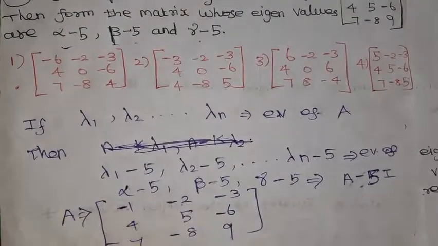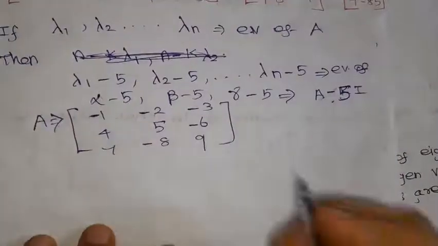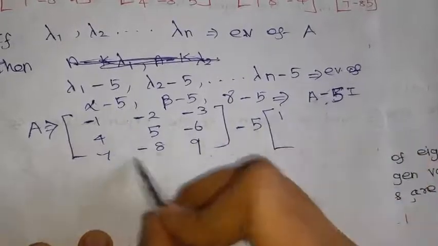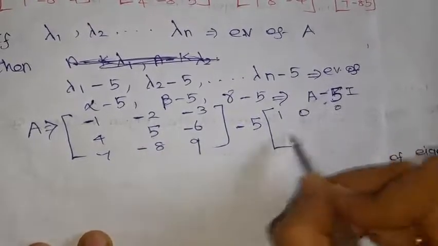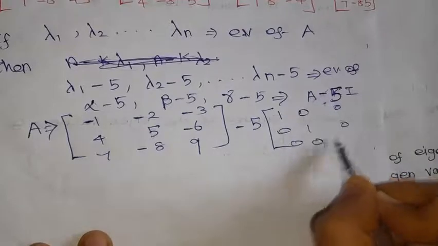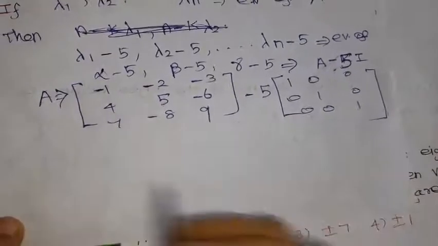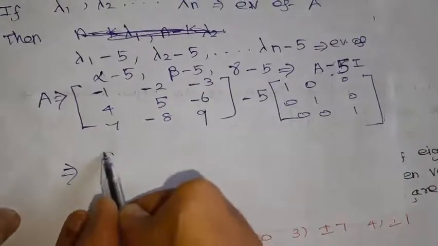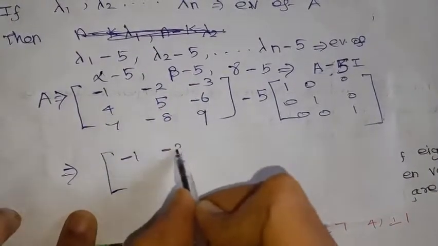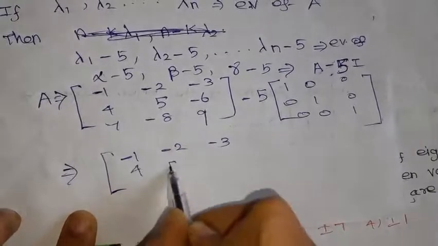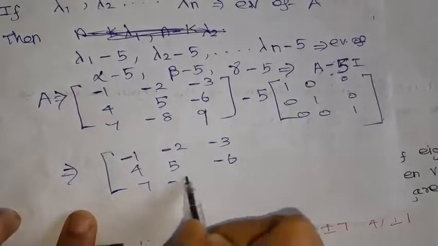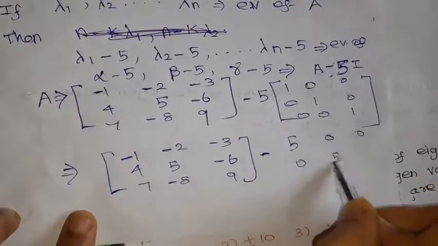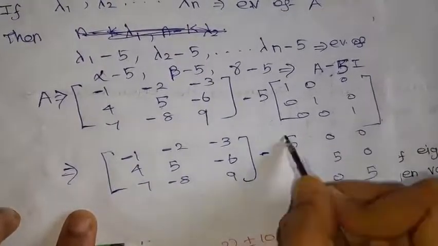So in A minus 5I, 5 into I should also be 3 cross 3, since the A matrix is 3 cross 3. This is the unity matrix. So what does it mean? Minus 1, minus 2, minus 3, 4, 5, minus 6, 7, minus 8, 9, minus 5, 0, 0, 0, 5, 0, 0, 0, 5.